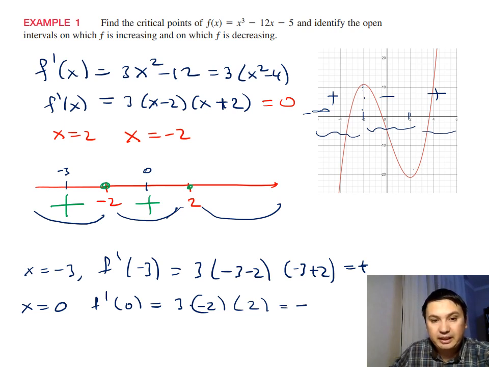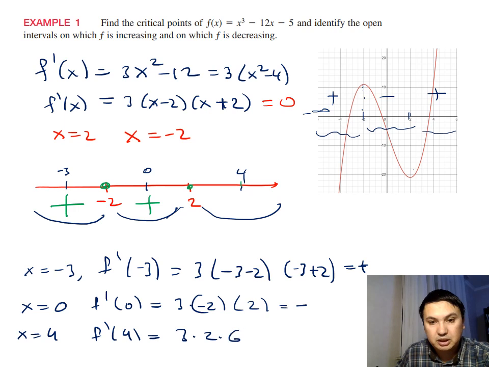And finally, I need to pick one point from 2 to infinity. You can pick any point. For example, let's pick 4, right? If you let x equal to 4, f prime of 4 is going to be 3 times 2 times 6. So this is all positive, right?